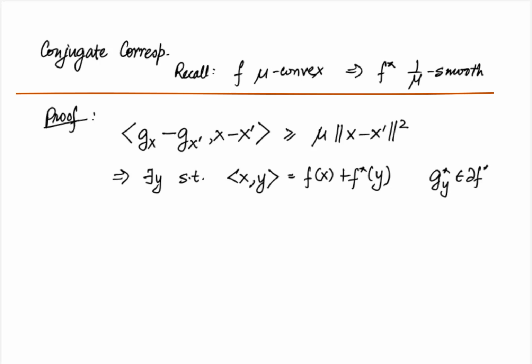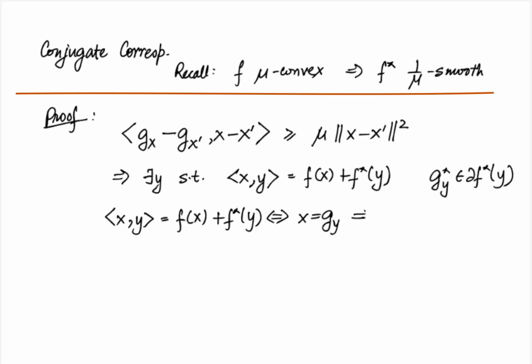Then the conjugate subgradient theorem says that the inner product of x comma y equal to f of x plus f star of y is equivalent to x equal to g star of y, which is equivalent to y equal to g of x.